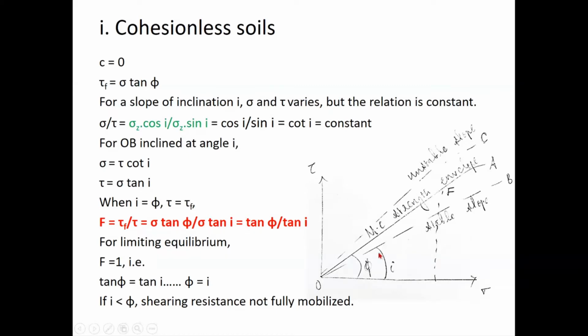If your I is increasing above the phi value, then obviously your slope is going to fail, right? The Mohr circle will be outside that Mohr-Coulomb strength envelope. So obviously it is an unstable condition. So when your I is less than phi, you have a stable slope. When I is equal to phi, that is factor of safety equal to 1, you can say that it is an equilibrium condition. But when your factor of safety decreases below 1, that is when your I value is above phi value, then your factor of safety is equal to tan phi by tan I.